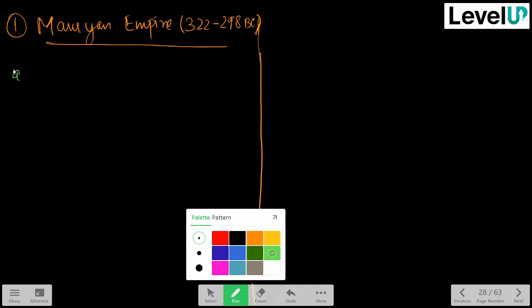The first ruler was Chandragupta Maurya. Chandragupta Maurya.